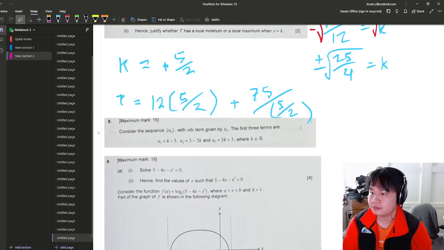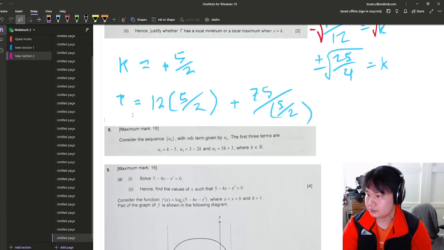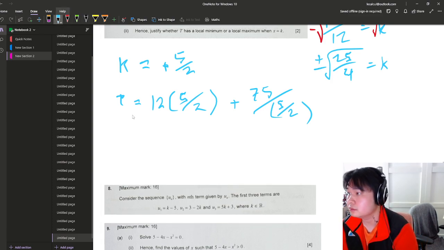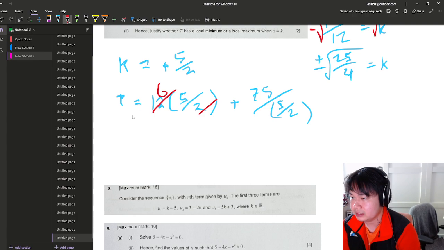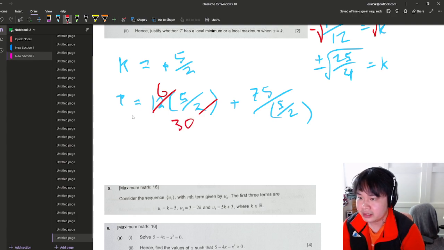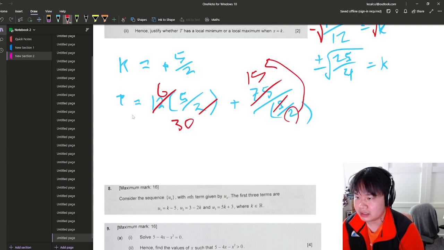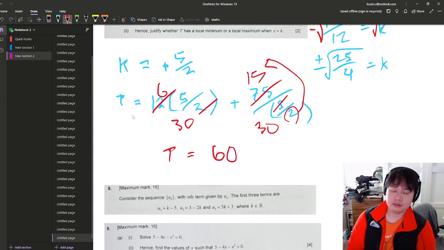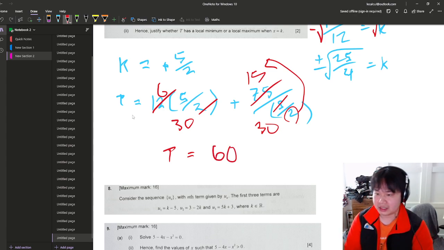Yeah. Okay, simplify. This is 6. So then this is 30. 75 divided by 5 is 15. 15 times 2 is 30. So t is 60. Sure, something like that.